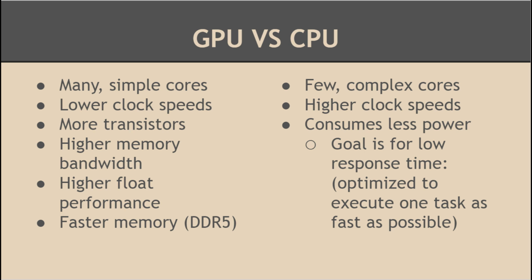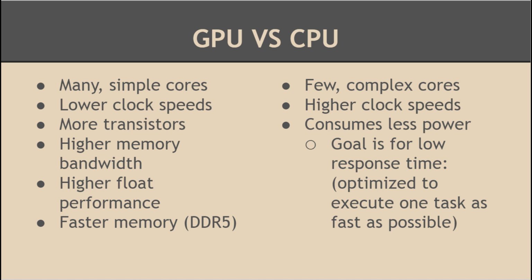GPUs also have higher memory bandwidths, which allows for faster access to data. GPUs also have higher float performance, as well as faster memory, which includes GDDR5, which is one of the major reasons CPUs are lacking compared to GPUs.